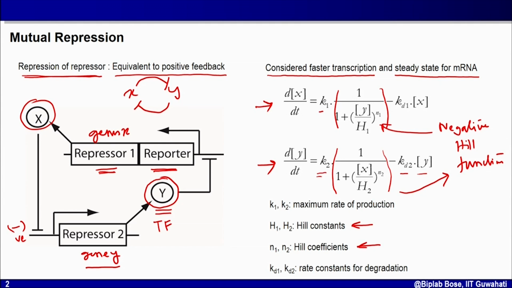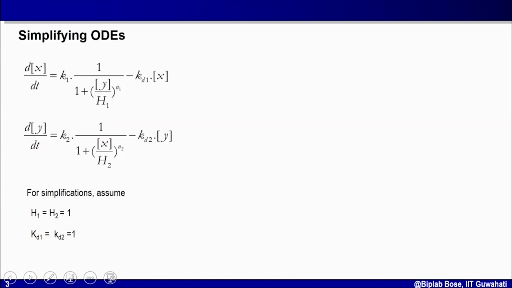Before I jump into it, let us simplify the model a bit further so that it will be easy for us to analyze here in this class. I want to understand the effect of the rate of production K1 and K2, the maximum rates of production of these two proteins, and the effect of the Hill coefficients N1 and N2.